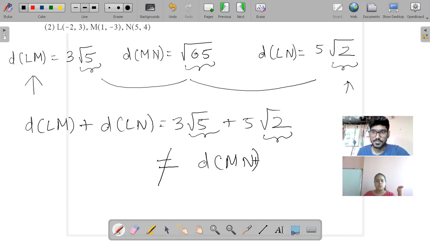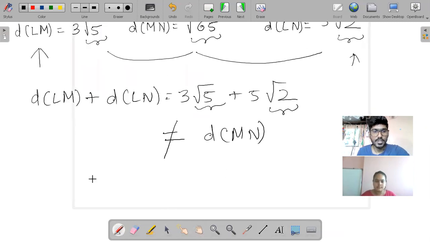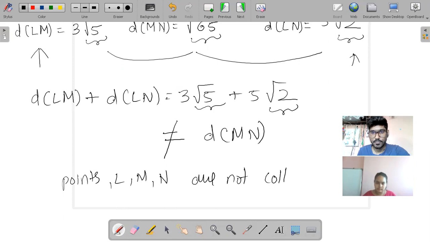Is this clear? Yes. So from here we can say that points L, M, and N are not collinear. Correct. Okay, you can write this.